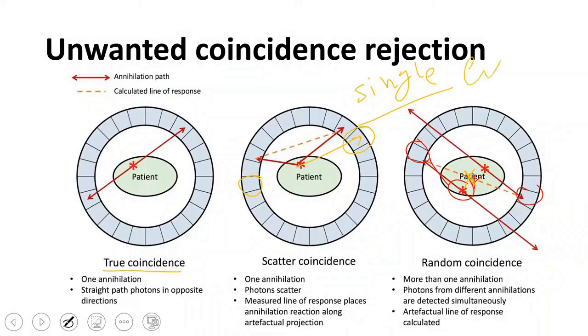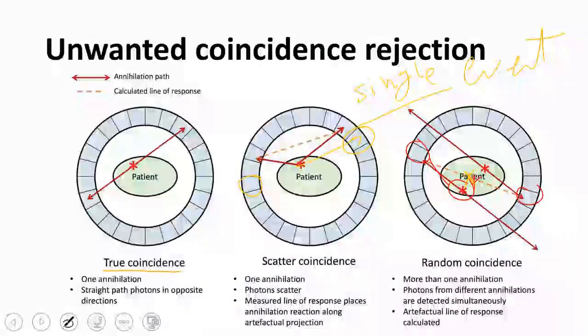The true event occurs when both detectors detect the pair. The random event for me comes from two different locations. Both reached each other, but one of them is coming from one location and the other from a completely different location. However, due to the scattering that occurred, they reached each other.